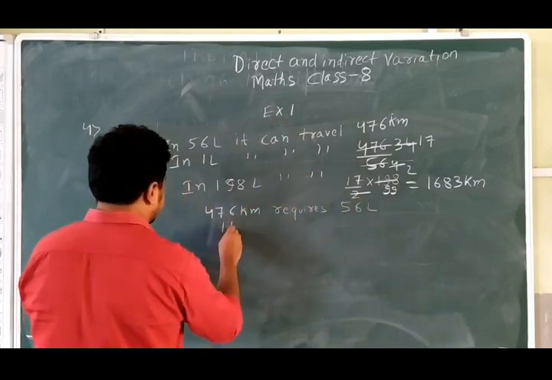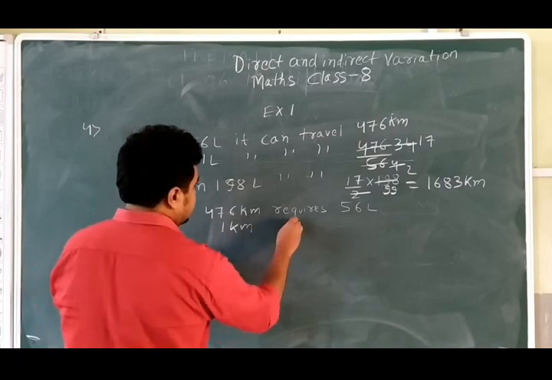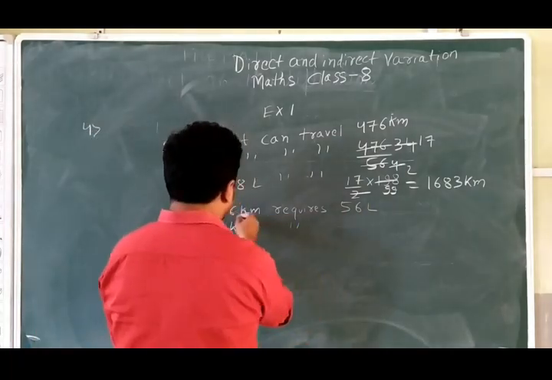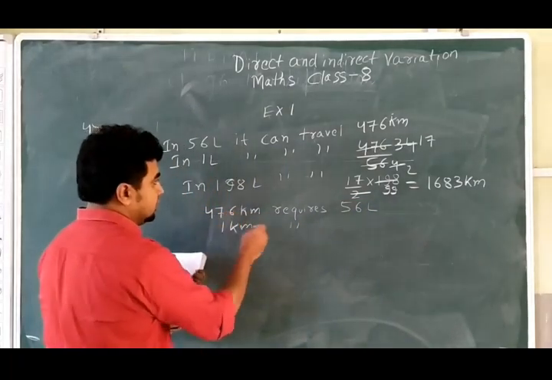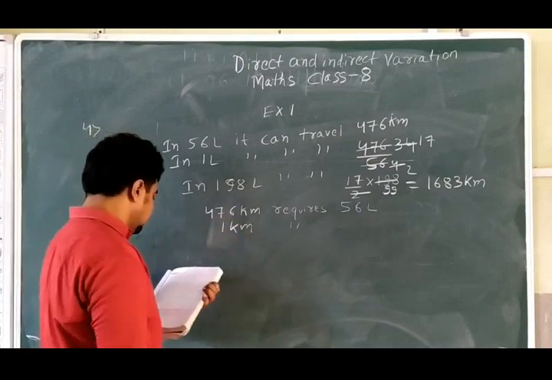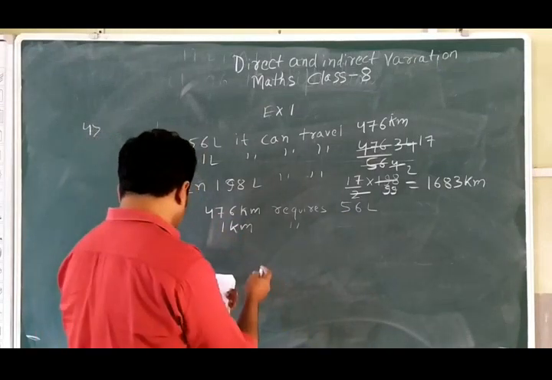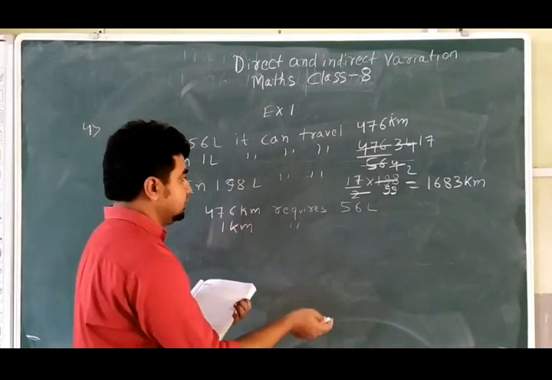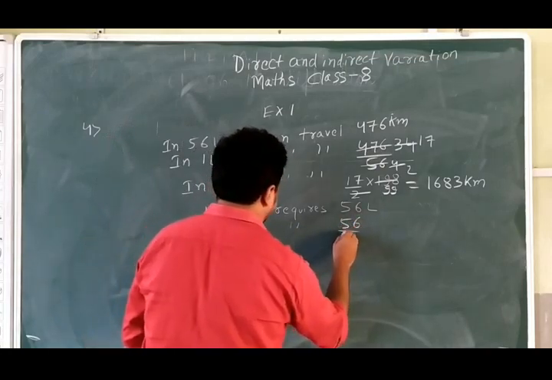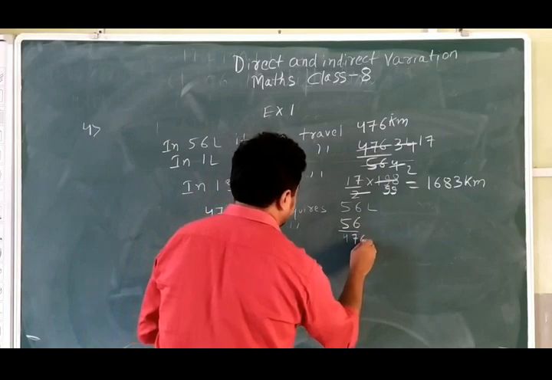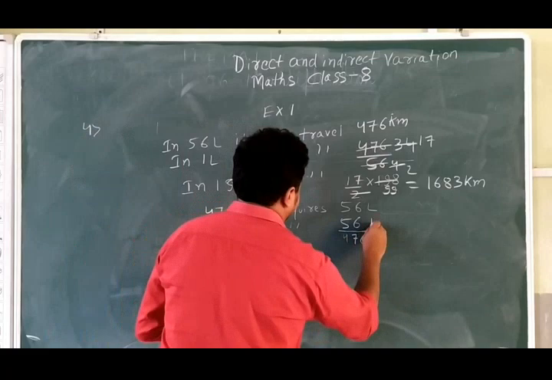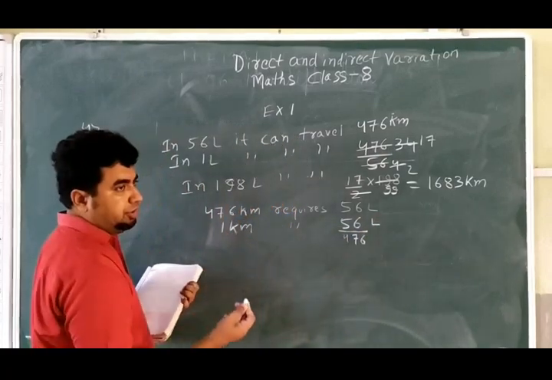So 1 kilometer requires, I am just finding with respect to 1. This is the quantity which is varying this time. 476 means 56. Now the quantity which is varying is 476, meaning the distance is changing. 56 by 476 is the number of liters required in 1 kilometer.